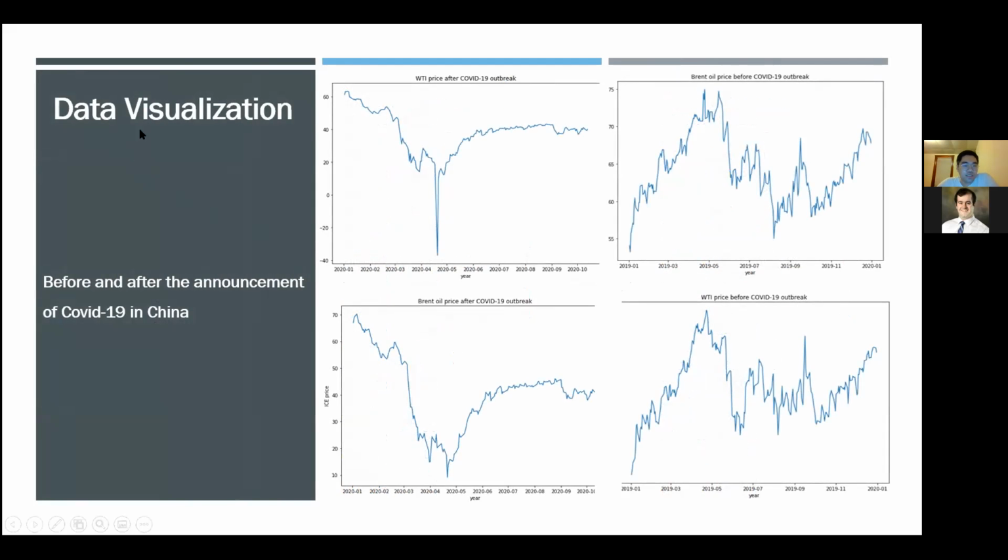For data visualizations, we made some plots to compare the tendency of those features before and after the COVID-19 outburst. You can see the WTI price and Brent oil price, and their tendencies are similar to each other.